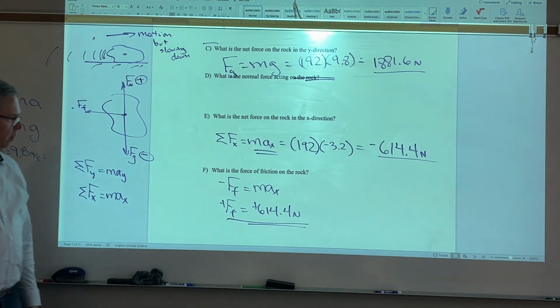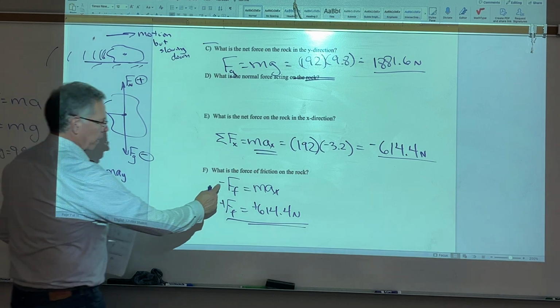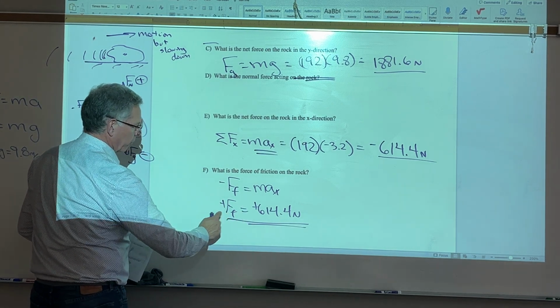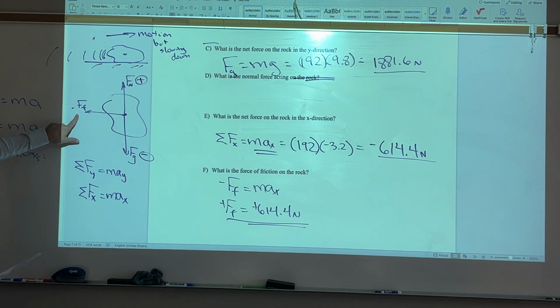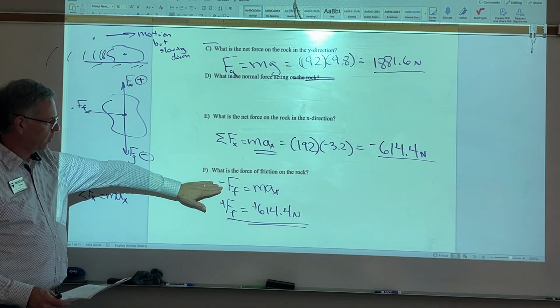Why is it positive? Negative force of friction equals a negative 614.4. It's pointing to the left, so I wrote it in that direction there.